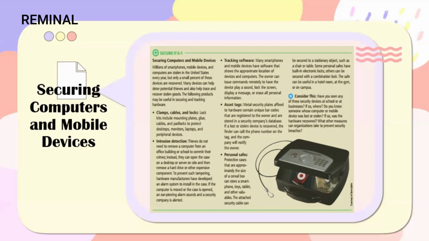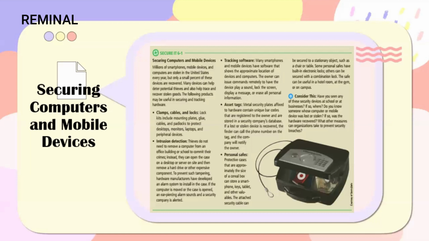Para maiwasan natin ang manakawan, maraming manufacturers ang nagdevelop ng alarm system na ini-install na lang sa case ng computer. Kapag ang computer ay nagalaw or binubuksan ng di alam ng may-ari, automatic na mag-a-alarm yung system unit sa tulong ng ear-piercing alarm and security para ma-alarma lahat.